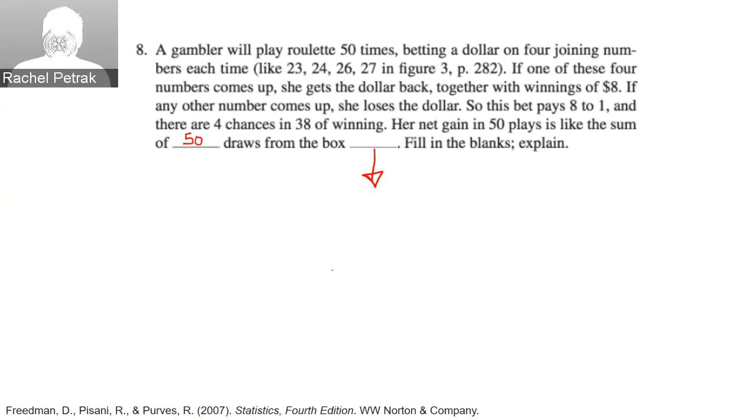This is a box with 4 tickets marked $8. So 8 is here 4 times. And then we have 34 tickets that are negative $1.